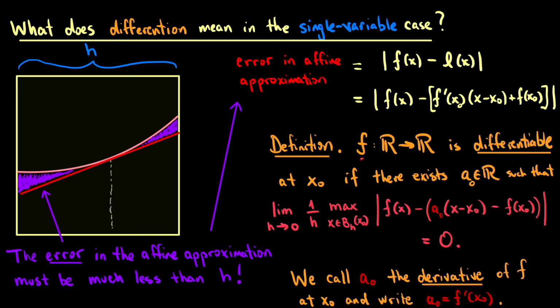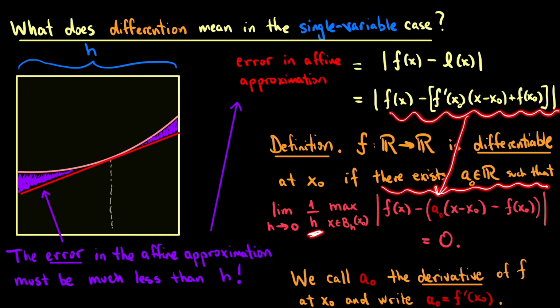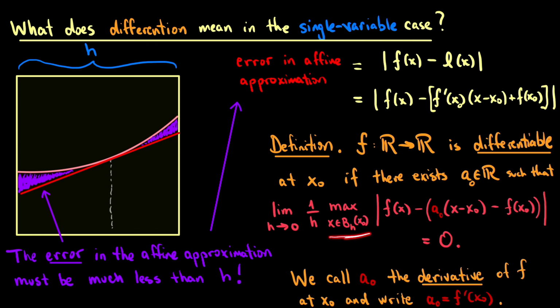We say that f, a function from R to R, is differentiable at the point x naught if there exists some real number a naught such that this limit is 0. All I've done is translate this error down here and divide it by h, which is the size of the window, and then take the max over all points in that little window.